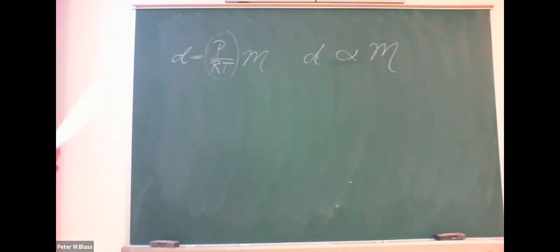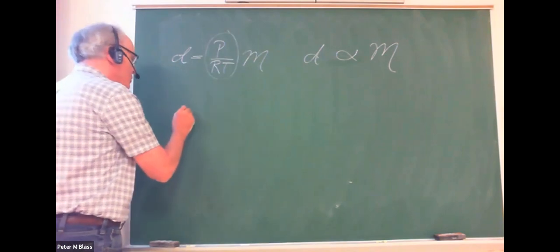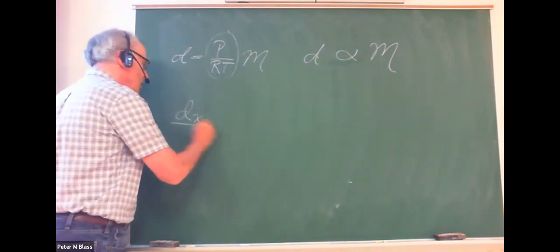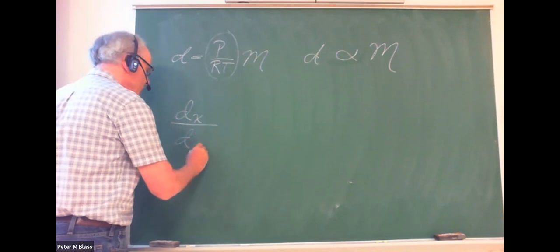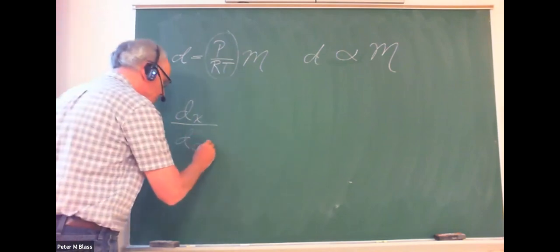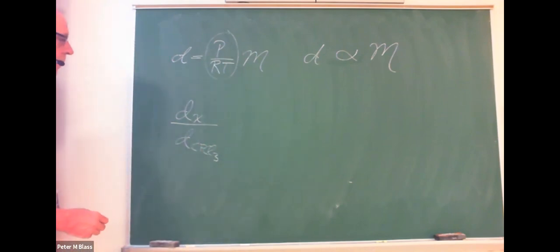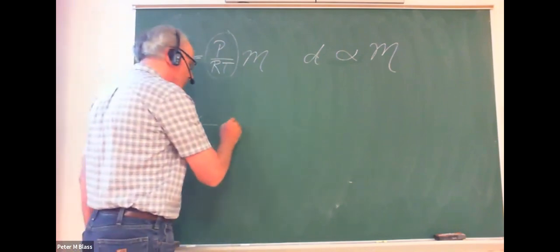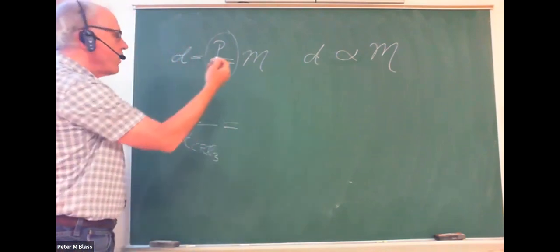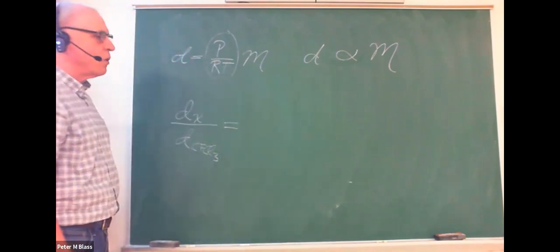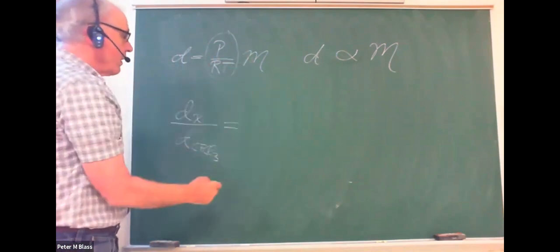One of them is Freon, CFCl3, and the other is an unknown, we'll call it X. So the ratio dX divided by d of CFCl3. That's the Freon. If you don't believe that this ratio is the ratio of the molar masses, go ahead and plug in our equation.